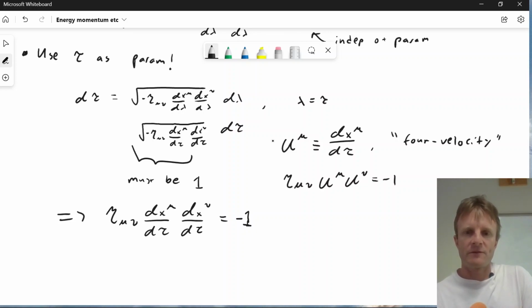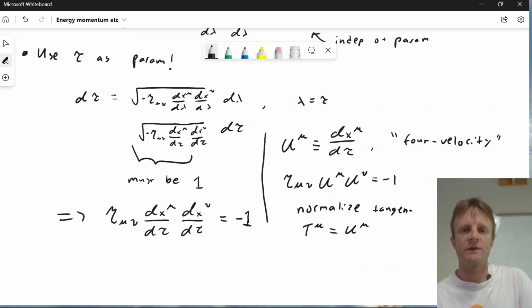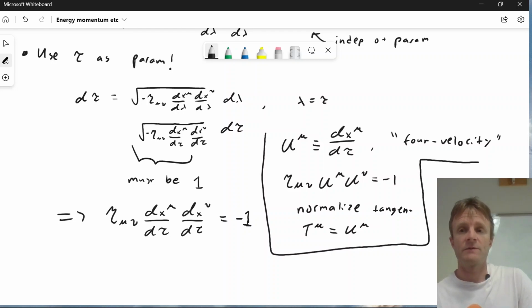So this is our 4-velocity, and notice it's just a normalized tangent vector. A time-like world line could have any tangent vector t^mu. This is a special choice where we set it to minus 1. Remember, it had to be negative, and we proved that the sign of it was invariant under reparameterization.